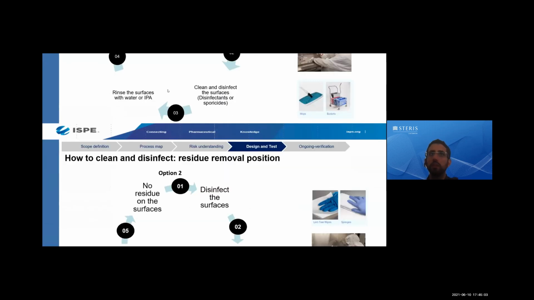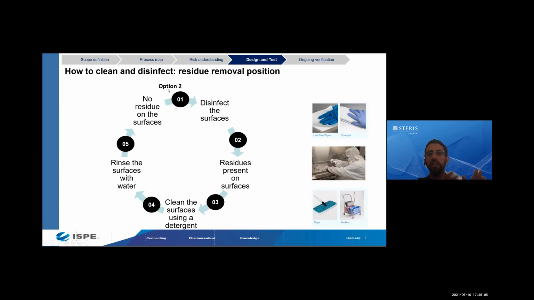If you are performing option 2, that means I'm performing a cleaning prior to disinfection. In that case, no residue, I disinfect the surface. There is a residue on the surface from the disinfecting agent. Then I have residue from the disinfecting agent and the process, so I have a cleaning process.